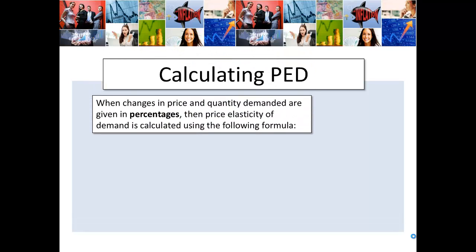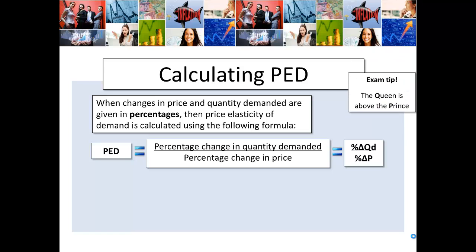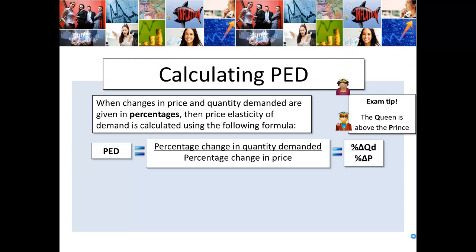The way we calculate price elasticity of demand is the percentage change in quantity demanded over the percentage change in price. Now the exam tip you need to remember is that the Q is always above P. So Q above P, quantity demanded over, is above price.